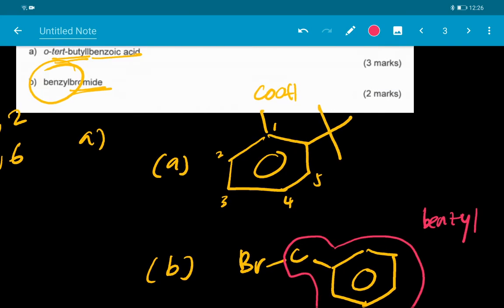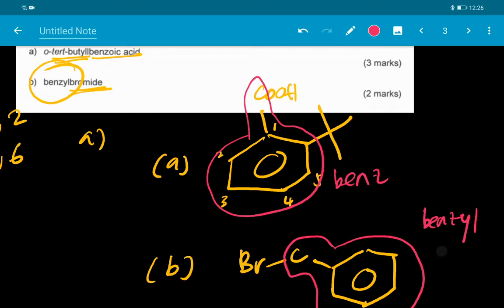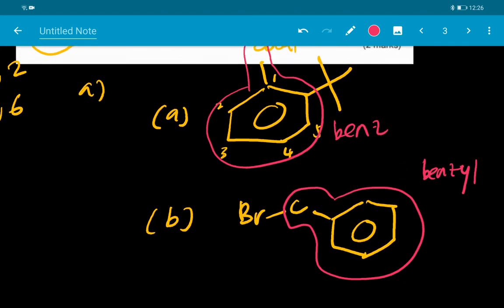Just like the carboxylic acid just now, we had a benzene attached to the COOH. So the structure here is what we call the benz. Please take note. The C here does not have a sufficient number of hydrogens, therefore don't forget to put H2 on it, so it will become complete.